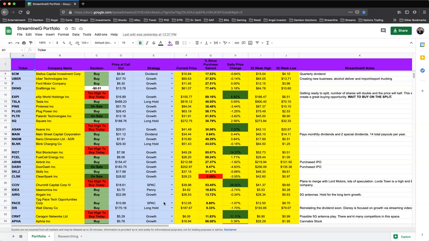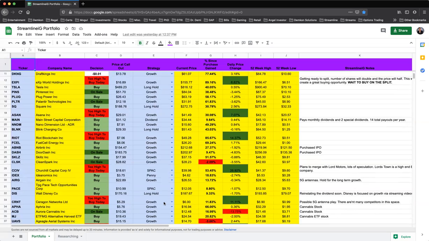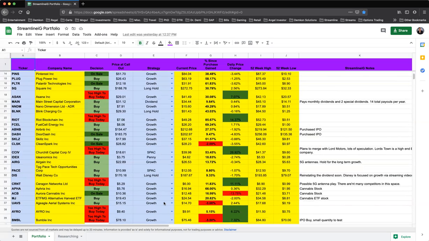So knowing what the strategy is here is really good for us to know why do we buy this stock? What is our goal? What strategy are we applying to it? So you can see, very quickly, what our plans are for each of these stocks that we've bought.